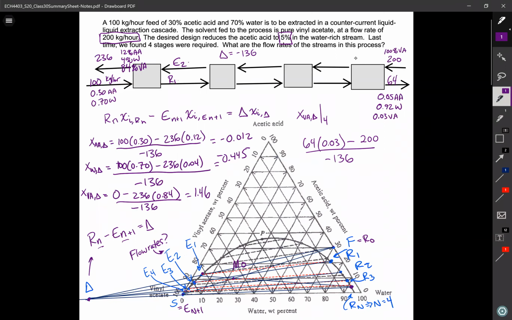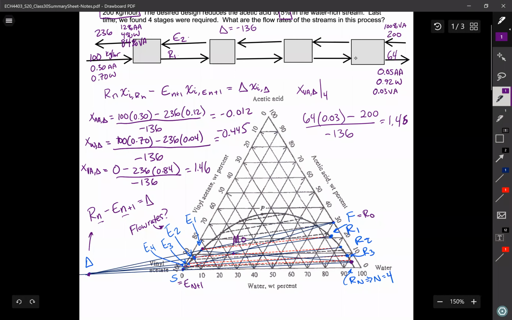That should be the same composition. And it is. It is 1.45, 1.46. So again, it doesn't matter which stage or which pair of crossing streams you use, they should all be the same.